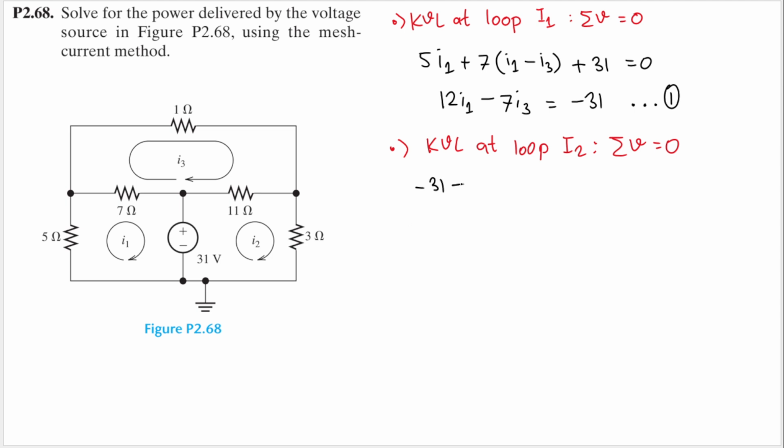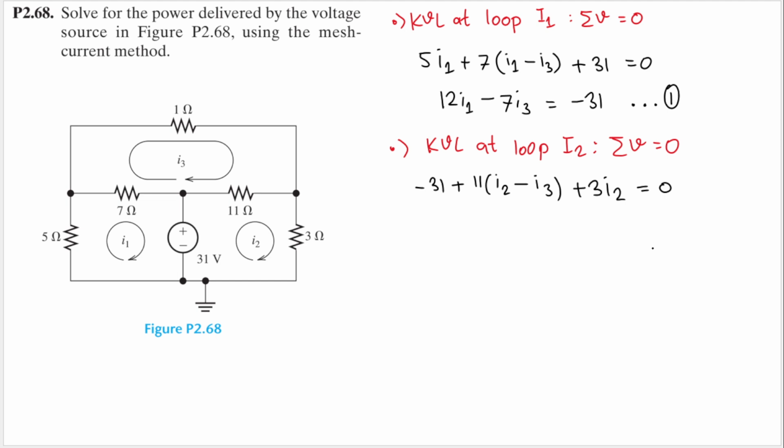Then we add the 11 ohm multiplied by I2. However, here I3 is flowing in the opposite direction, so I'll have minus I3. The last component in the loop is this 3 ohm resistor, so we will have 3 multiplied by I2, because that is the only current that passes through the 3 ohm resistor. All of that will equal 0.